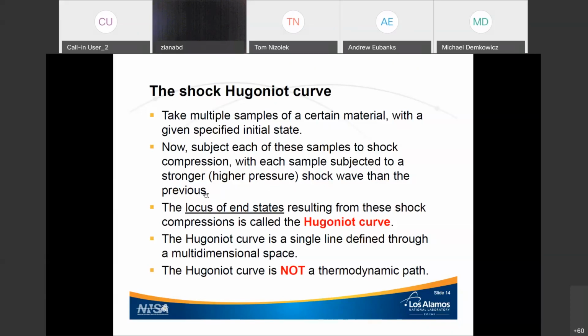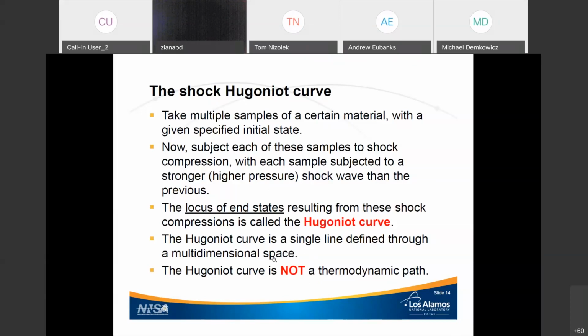The locus of end states resulting from these compressions is called the Hugoniot curve. It's a single line defined through a multidimensional space. And most importantly, it is not a thermodynamic path.